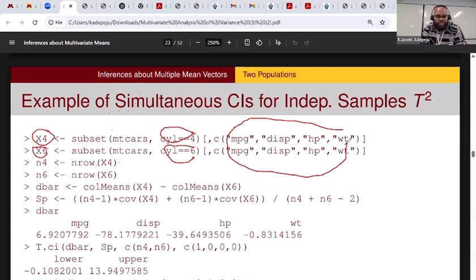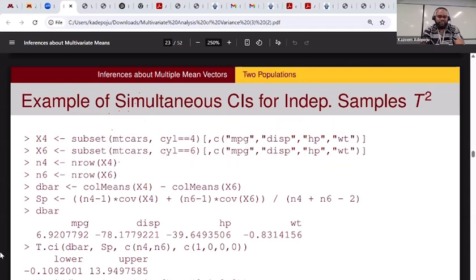All we want to do is construct a simultaneous confidence interval of the difference between MPG in the two groups, between DISP in the two groups, between HP in the two groups, and between WT in the two groups. And that's exactly what we're trying to do here.